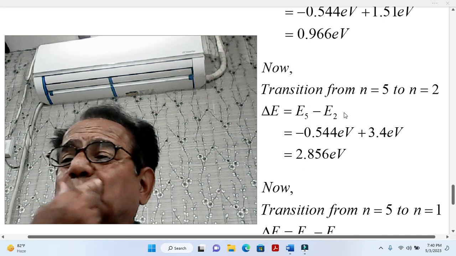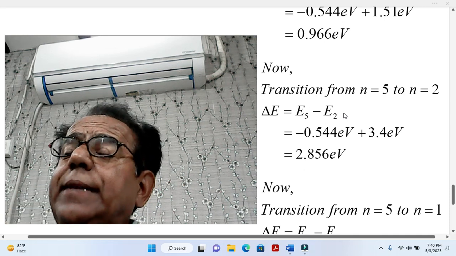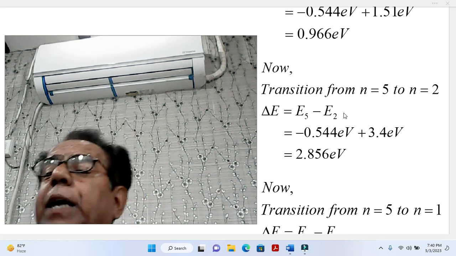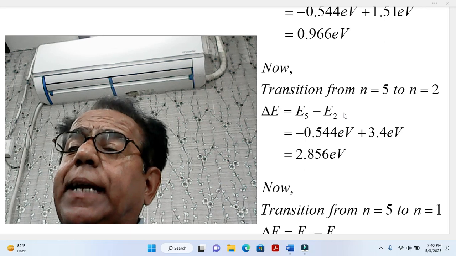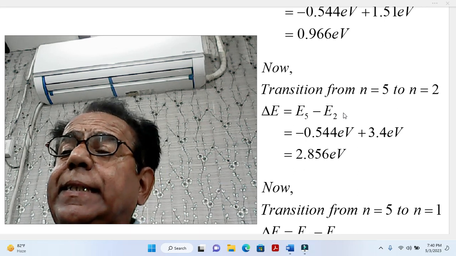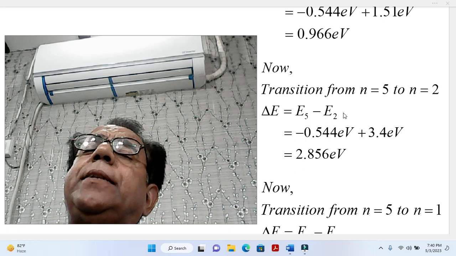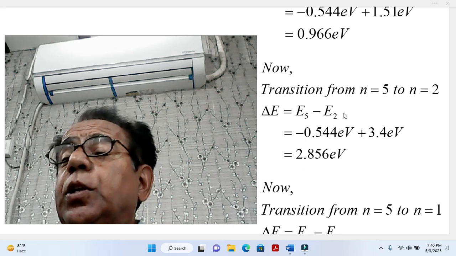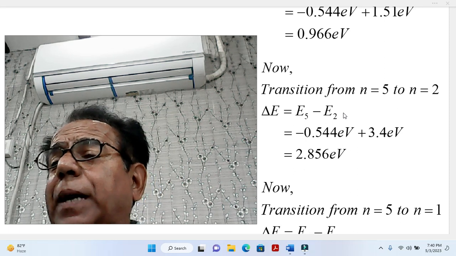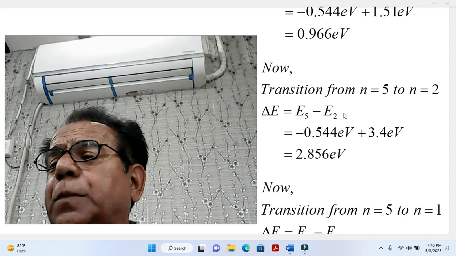Now transition from n equal to 5 to n equal to 2, that is delta E, change in energy. Delta always denotes change. So delta E is equal to E5 minus E2 is equal to minus this plus this.